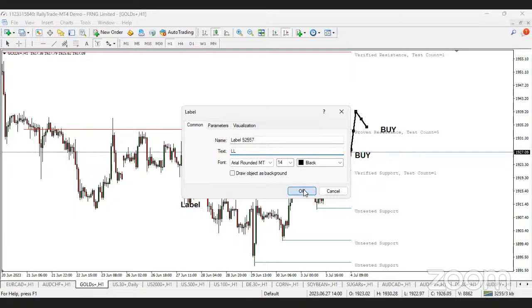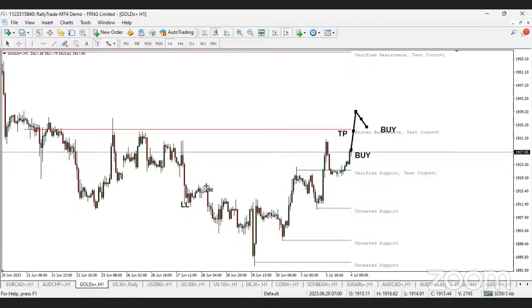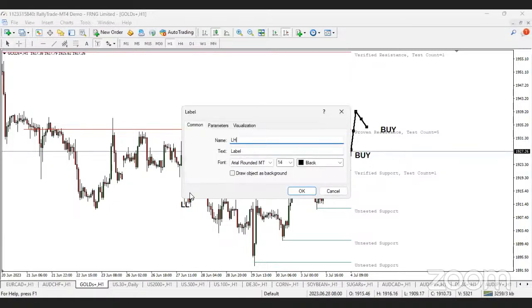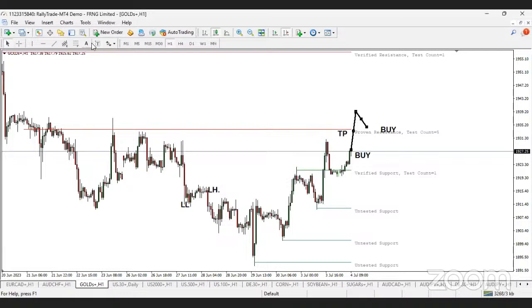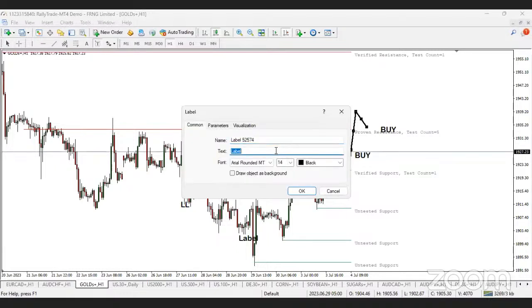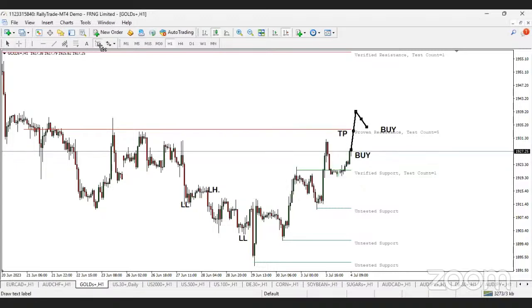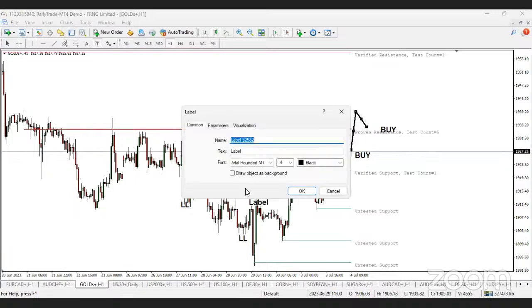You can see when price was pushing down on this instrument, this was the lower low, and then this was the lower high, lower high. And then here, price created a new lower low, and then this is a lower high.